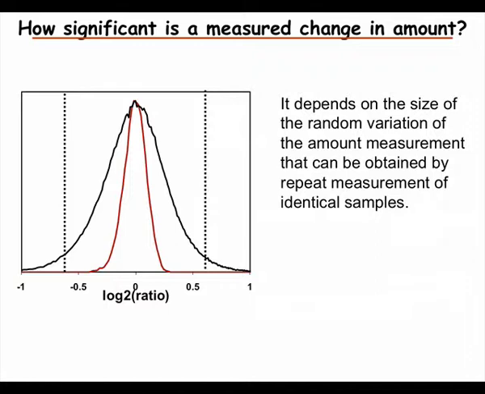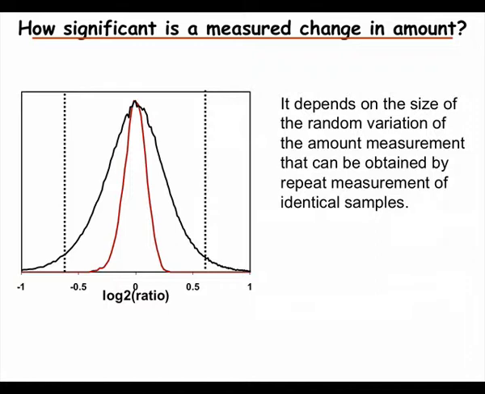So then what we're going to come back to a little bit later is how do we determine what's significant? And you'll see in many cases that people set some kind of arbitrary threshold on what's significant.